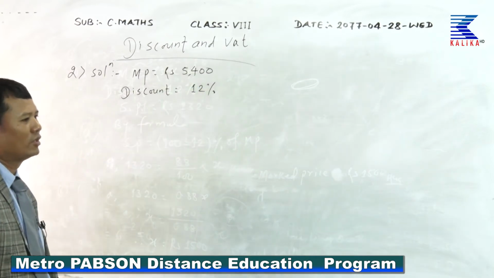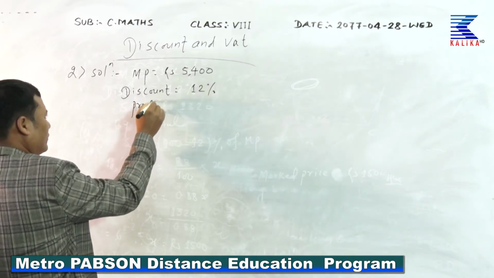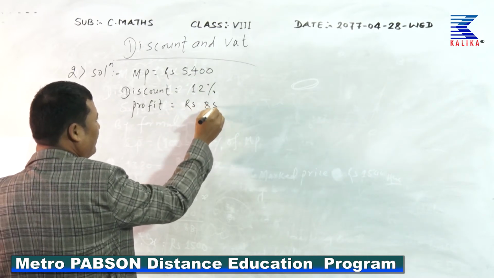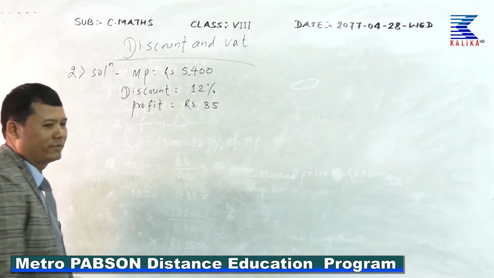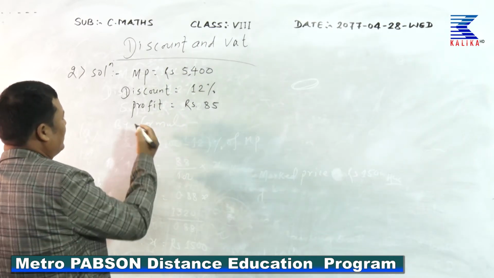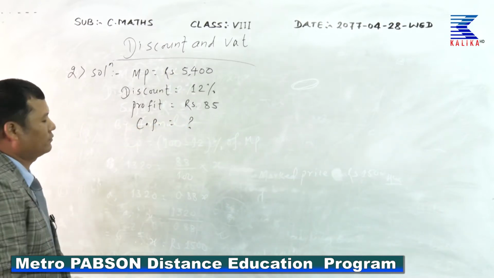Next, profit is equal to Rs 85, and next cost price CP is equal to what?